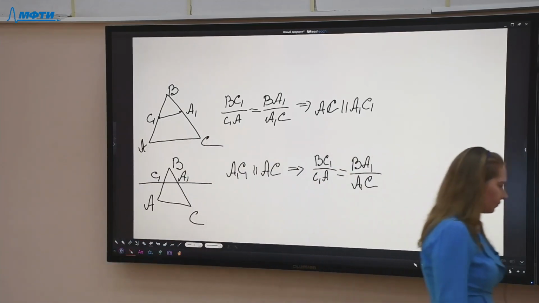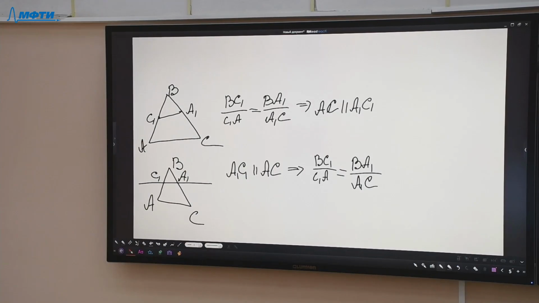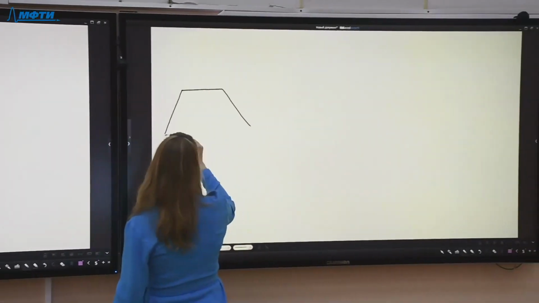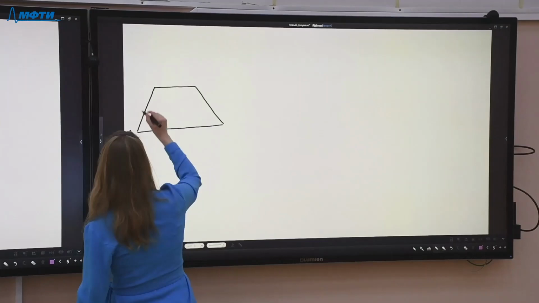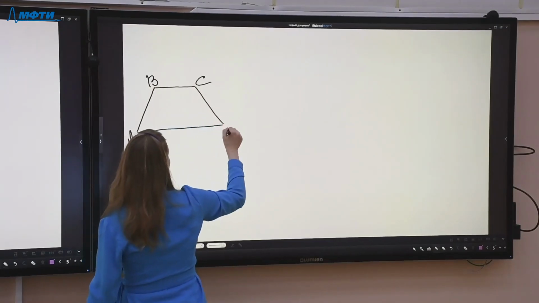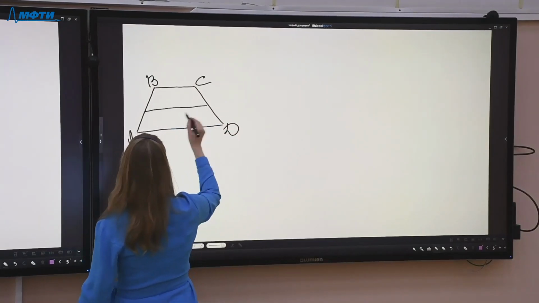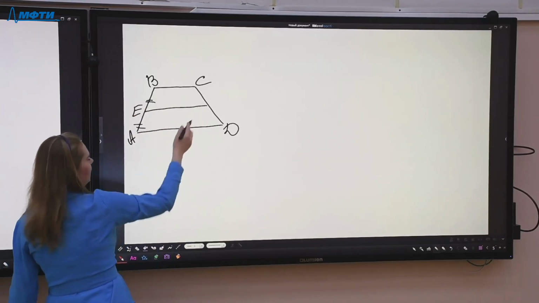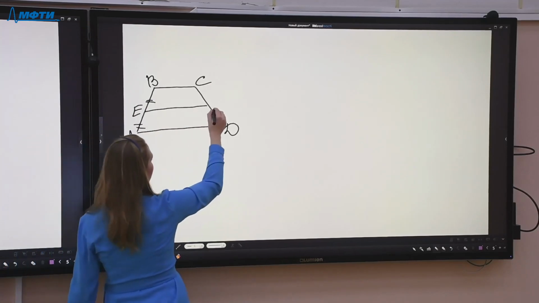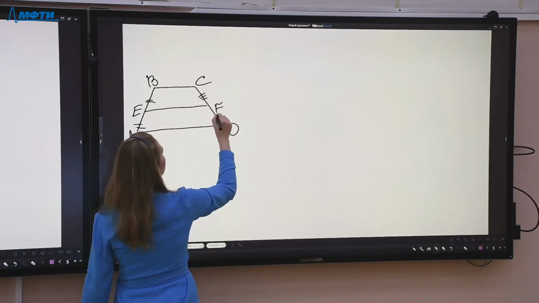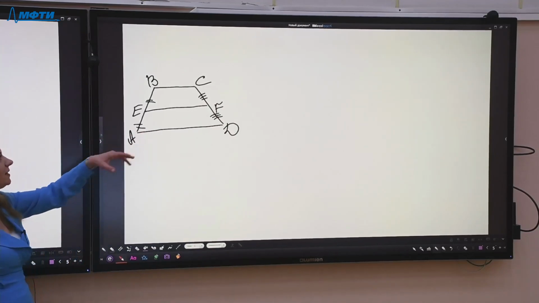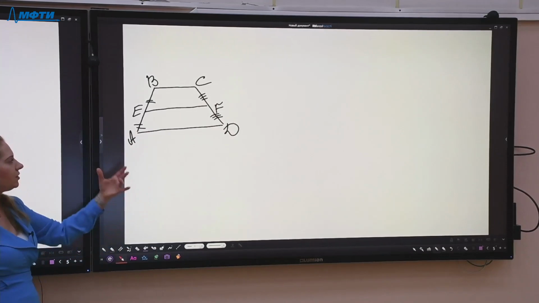Then, if we take a trapezoid and we take a mean line of a trapezoid, so this is our trapezoid ABCD, we take the mean line, so this is a midpoint of AB, let it be E, and this is a midpoint of CD, let it be F. So in this case, EF is parallel to BC and to AD.